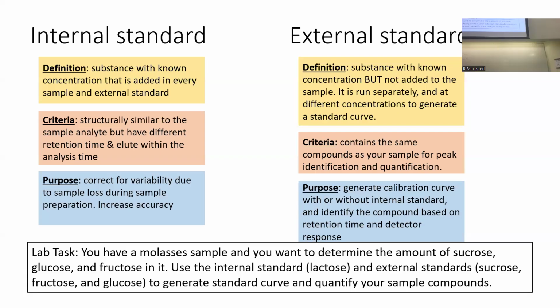You would want to pick something that is structurally similar to what you're analyzing, but not the same. But you don't want it to be so different that it will come out an hour later, after all of your components come out. You want to make sure that it comes out within your analysis time. So that's the criteria: structurally similar, not present in your sample, and comes out within the same analysis time.